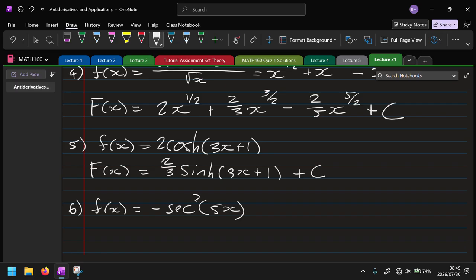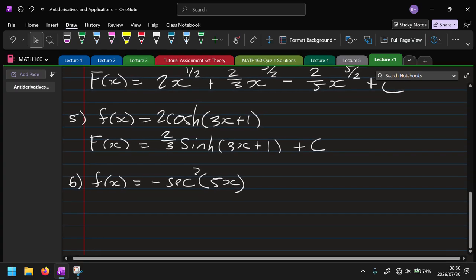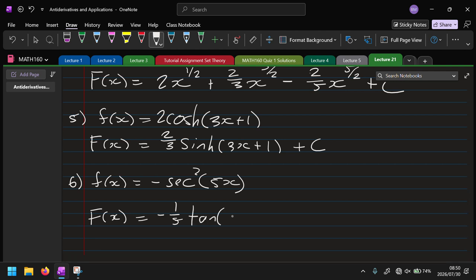The derivative of tan gives us sec squared. So the antiderivative of sec squared is tan. It goes back and forth. But not just tan, we got the minus we need to put in front. And the 5 multiplying here becomes a fifth. So this will be minus 1/5 tan 5x.